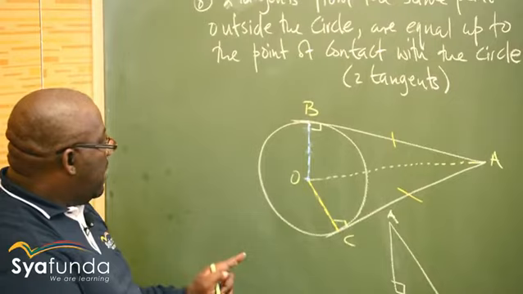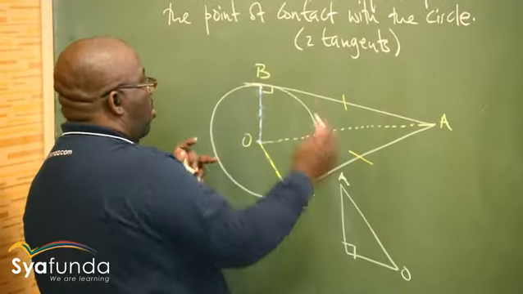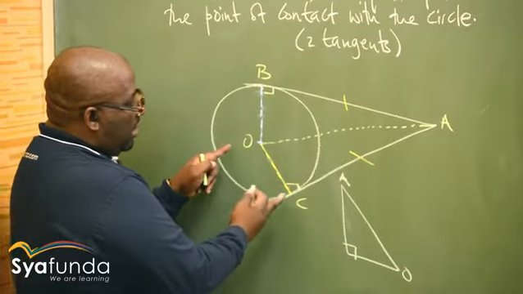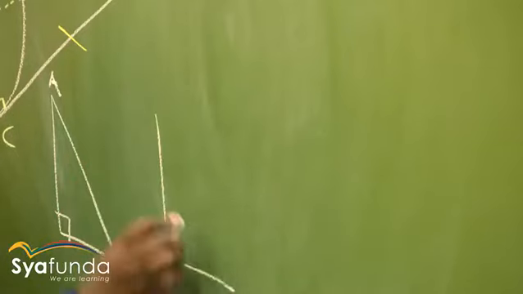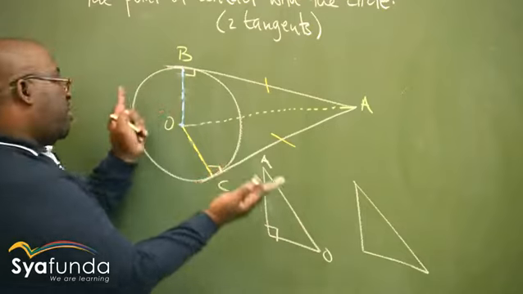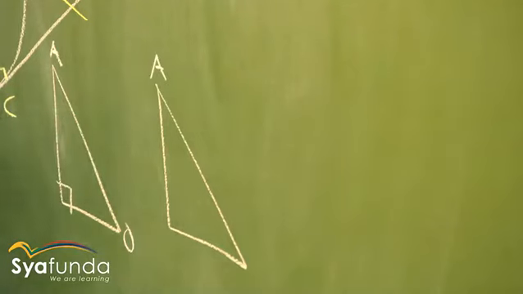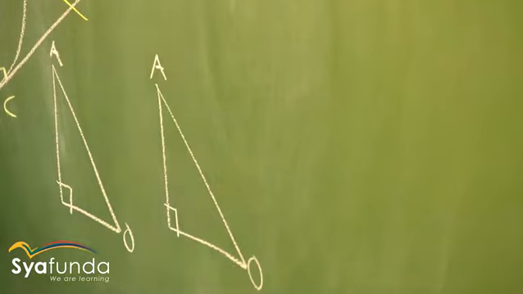Then I take this other triangle, flip it this way and put it up. So this is A, this part I've flipped to this side into 90 degrees. This will be O. So these are the two triangles that we have.